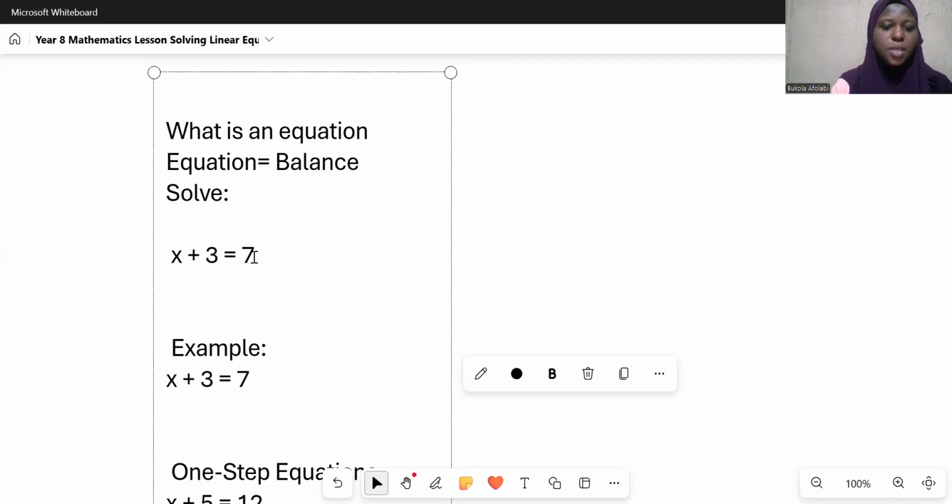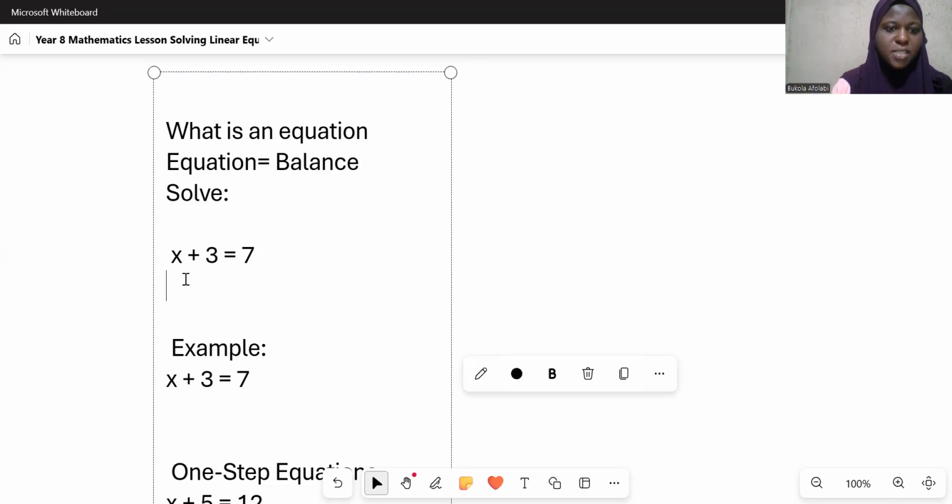X plus 3 equals 7. Our aim is to look for X. So to get X, first we must remove these 3.